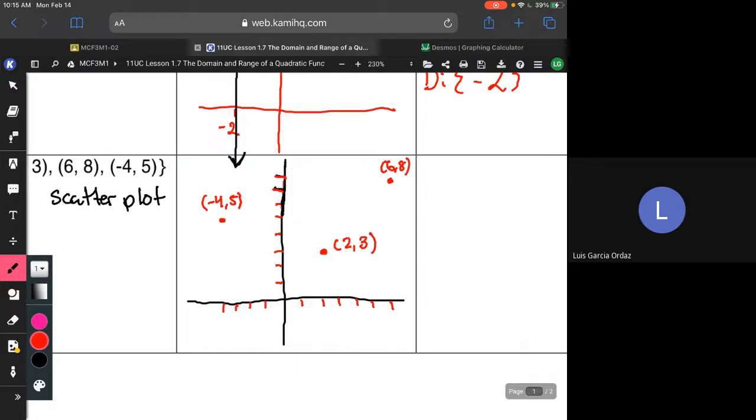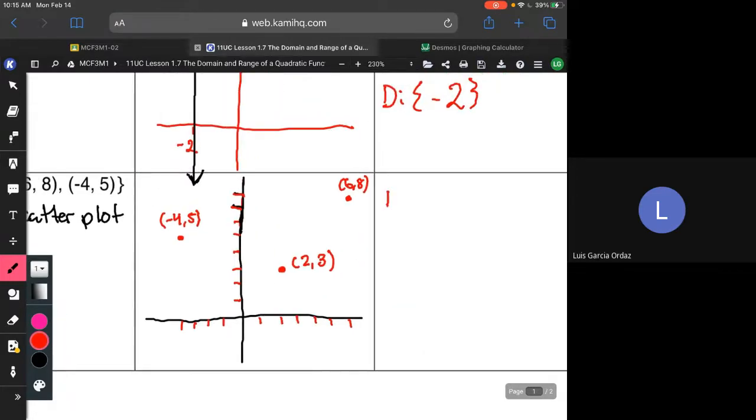When you're doing domain and range for scatter plots, you're just looking at all of the x values and making them a list, and same with the y values. So what would my domain be for the scatter plot? What are the x values that we have here? If you look at the coordinates, Abigail? -4, 2, and 6.